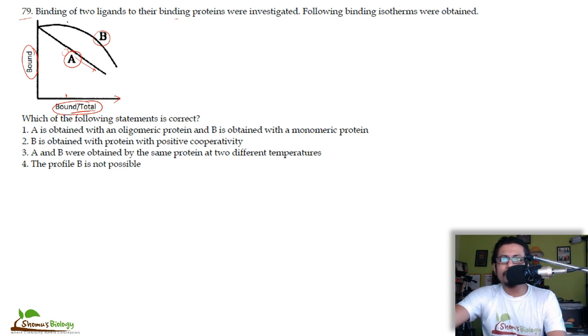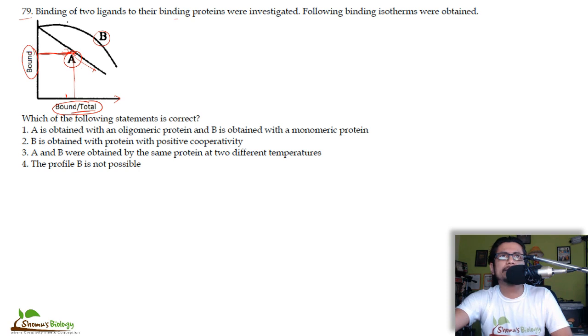So let's say there are 10 bound out of 20 total, so 50% are bound at a stage. Okay, at this point 50% are bound, and the total amount of protein bound is also provided. So if the amount of protein is decreasing, the protein's binding capability is also decreasing. You need to understand the relation between X and Y.